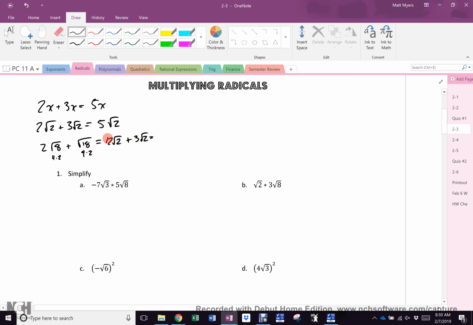I brought out a 2, yeah, thanks. 4 root 2, so to get 7 root 2, right?